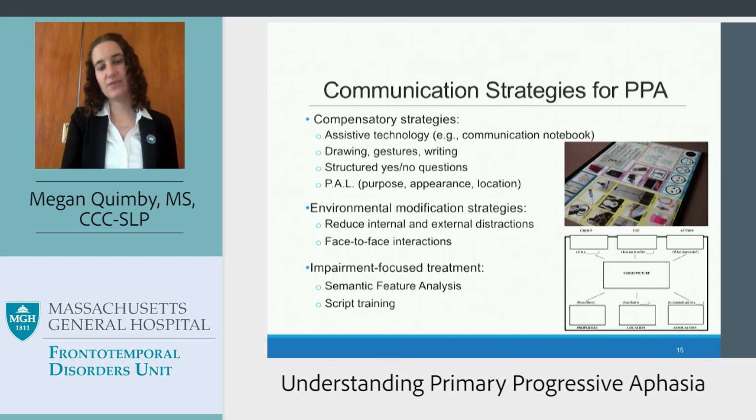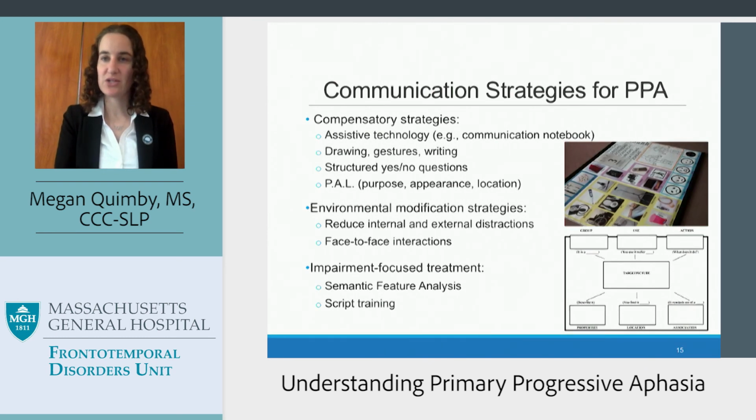Something called impairment-focused treatment can be helpful for very mild or mild patients with PPA. Instead of focusing on compensatory strategies, they focus on the impairment they're having. So semantic feature analysis, for example, is an impairment-focused treatment strategy for word-finding difficulty. So similar to PAL, you really think about semantic features of a word and then use the word in sentences and write it down and repeat it.